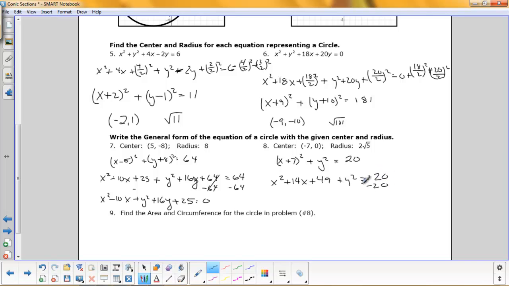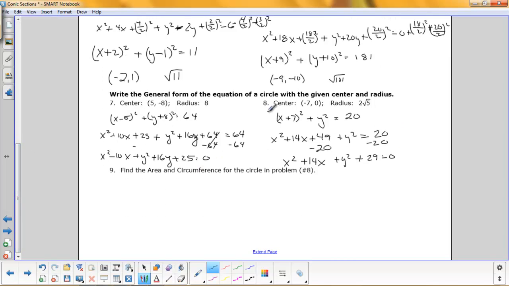Move your 20, combine your 20 and your 49, rearrange, and I get x squared plus 14x plus y squared plus 29 equals 0. Find the area and the circumference of question number 8. So that's pi r squared, and that's 2 pi times the radius. So that's going to be 20 pi, and it's also going to be 4 pi square roots of 5.